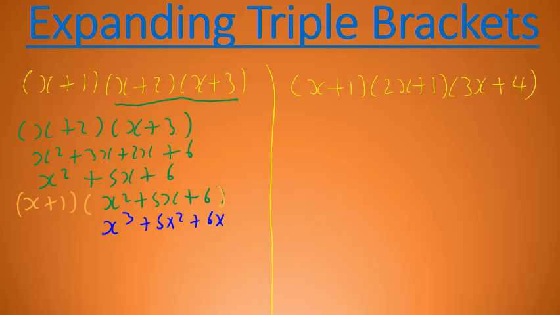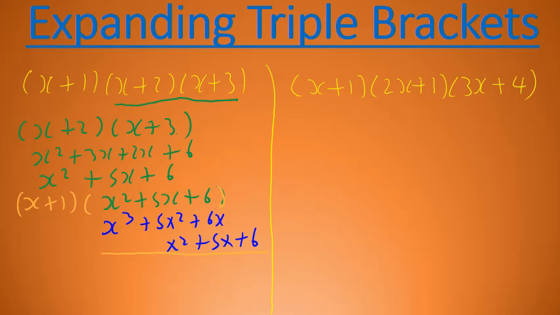Now when I'm going to multiply by 1, what I'm going to do is I'm just going to write it in the line underneath. So 1 times x squared just becomes x squared, 1 times 5x just becomes 5x, and 1 times 6 just becomes plus 6. Now the beauty of this method is the answer just falls out.